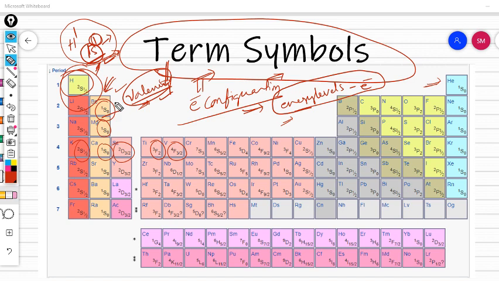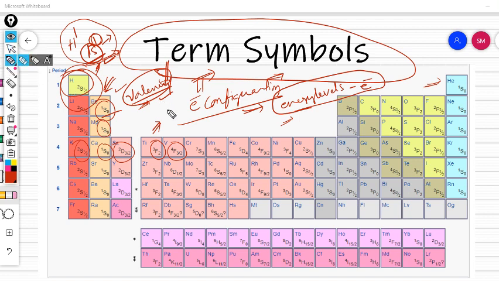So just pay attention for the next 10 minutes, and you will be able to write any term symbol for any element in any electronic configuration. I hope you understand the importance of the term symbol.